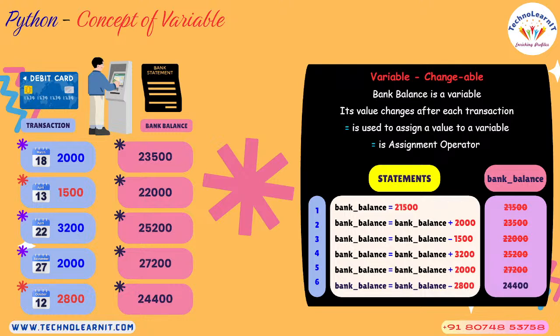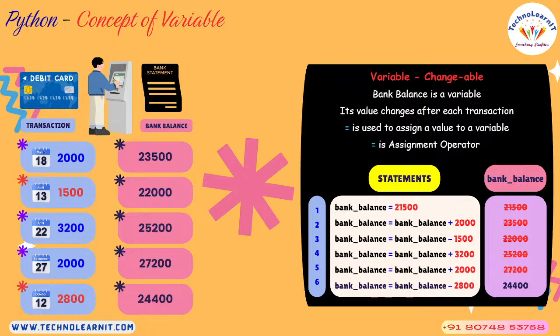Of course, when you do some operation, you get a result. Where to store that result? You need to store that result into the same variable. Why? Because this sum is going to act as your new bank balance. So the same variable has to be updated.